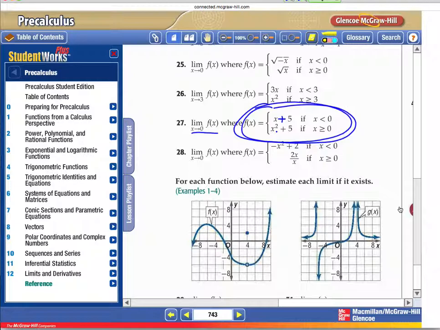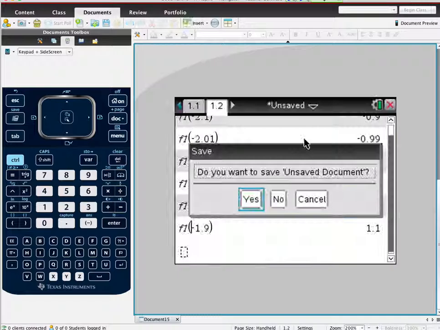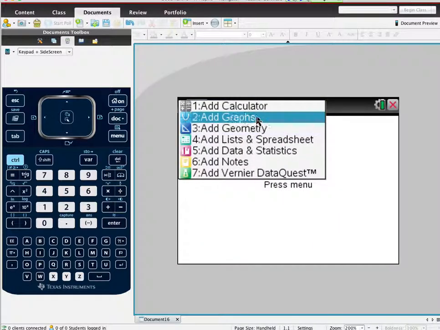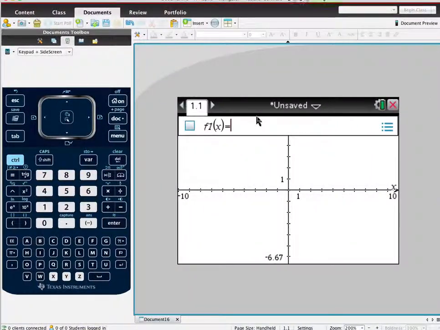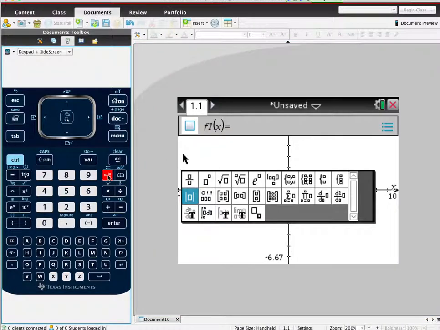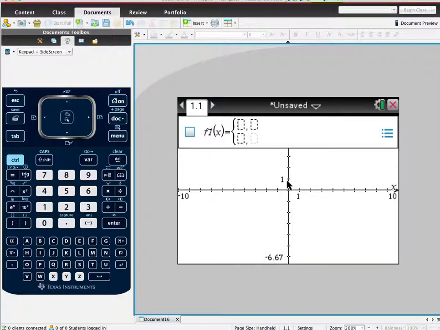Alright, so what's the next thing I want to do? I want to graph it. So I'm going to go home, new document, graph. Now, there is a button for that piecewise function. The button right next to the book, just as before, it's this one right here in the top middle. So I click on it, there it is, now all I've got to do is fill it out.